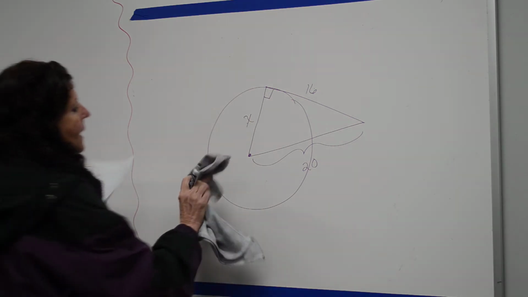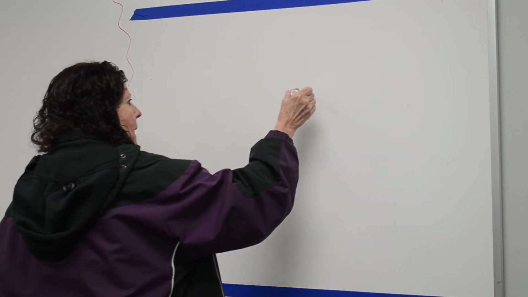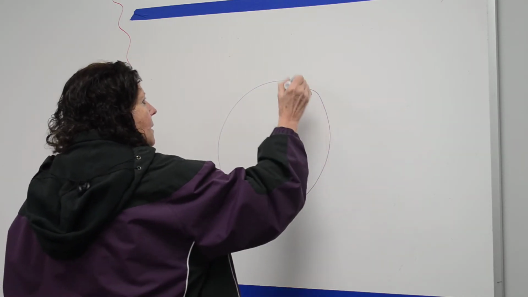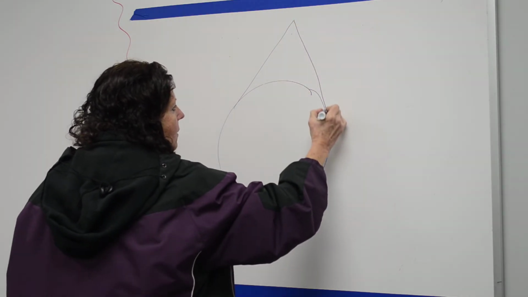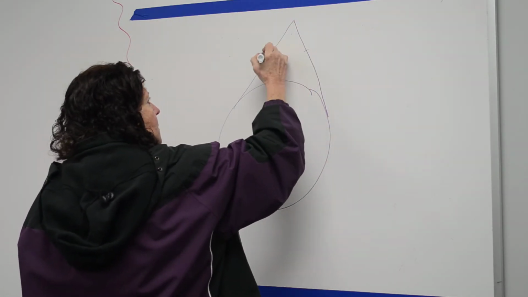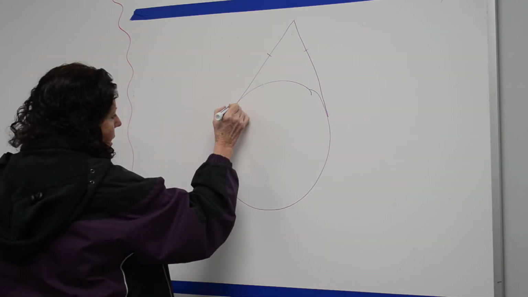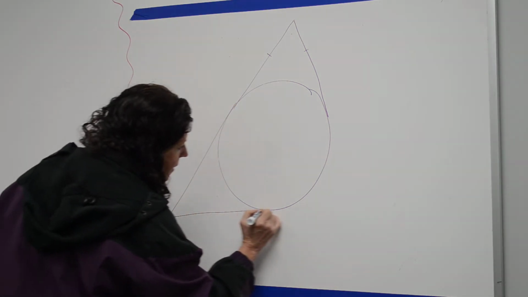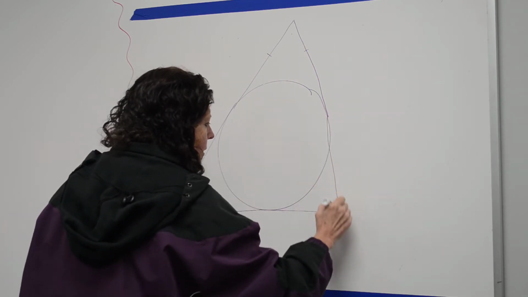I also had a theorem that talked about two lines being tangent to the same circle, and we found out that those two lines would have congruent measurements.